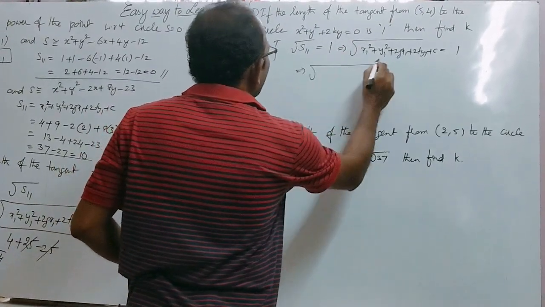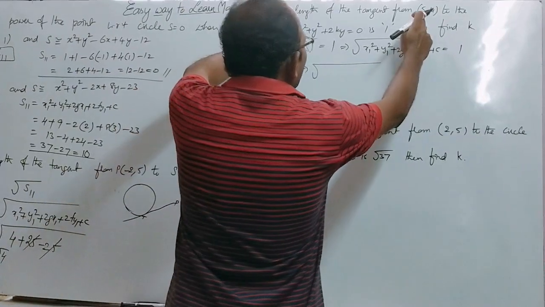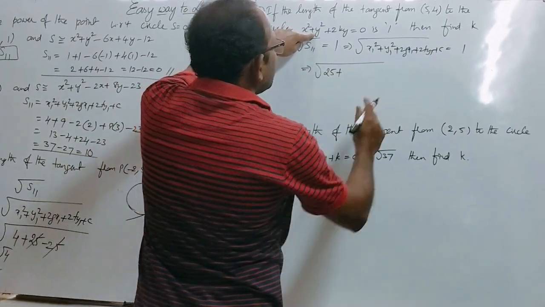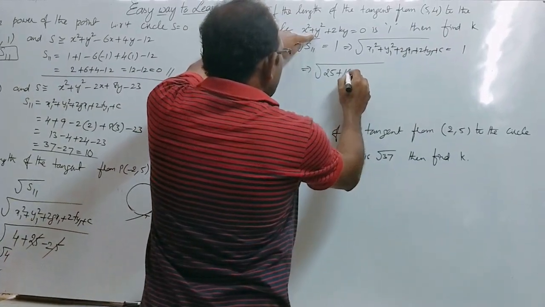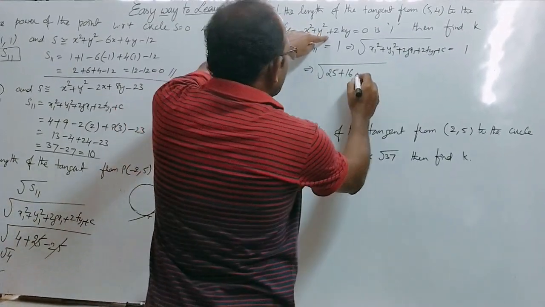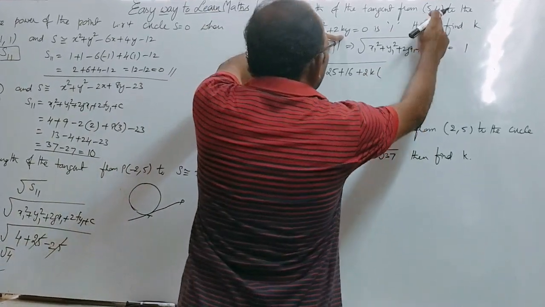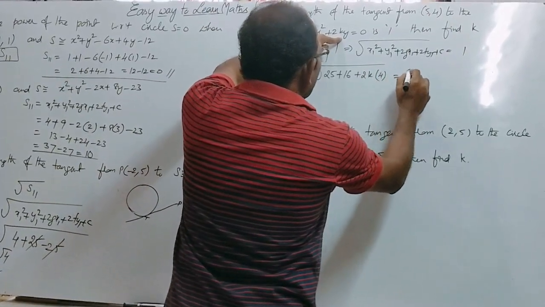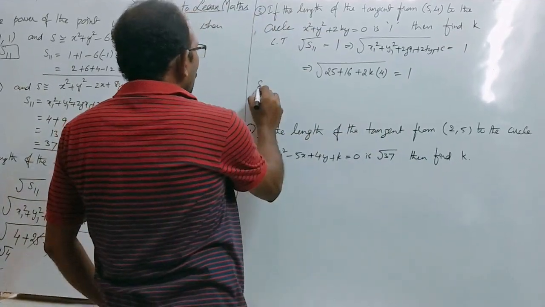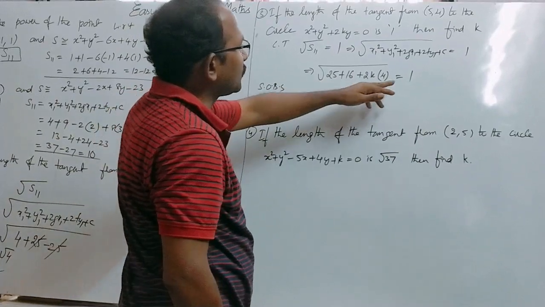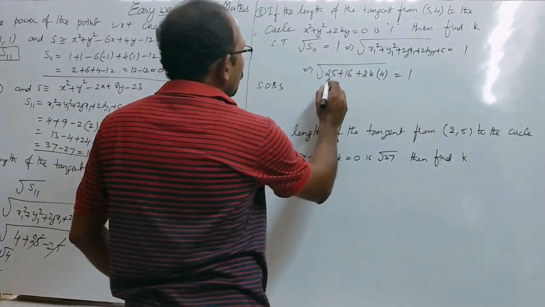Therefore, square root of x square means 5 square, 25, plus y square means 4 square, which is 16, plus 2k into, in place of y again we substitute 4, is equal to 1. Now squaring on both sides. Here the root becomes cancelled and 1 square is nothing but 1 again.